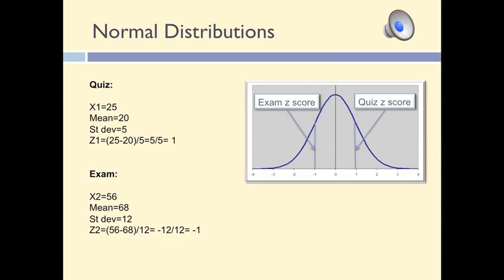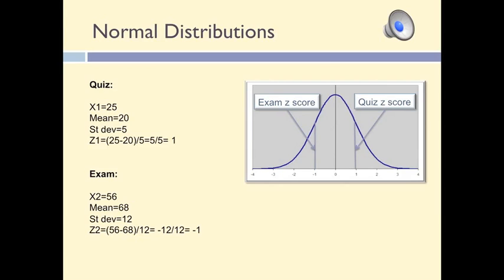However, if we use the normal curve, the most important information is the mean and the standard deviation. Let's say that the mean on the quiz is 20 and the standard deviation is 5. In this case, our student's z-score is exactly 1, or exactly 1 standard deviation above the mean.